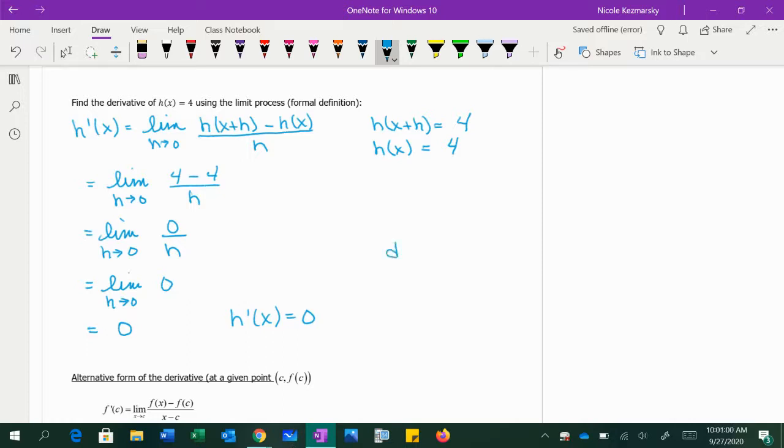Okay, so the derivative of a constant is always 0. And that's because with our constant function, if I try and graph y equals 4, there it is, y equals 4 has a slope of 0 because it's a horizontal line. Its rise is 0, so there's no rise, there's all run. And so if the slope is 0, the derivative is 0.